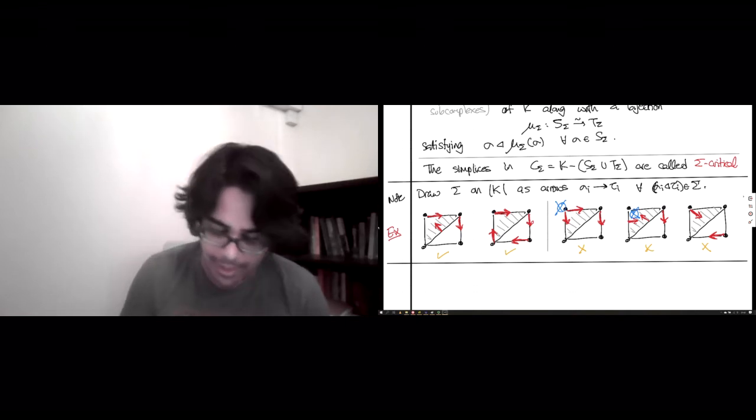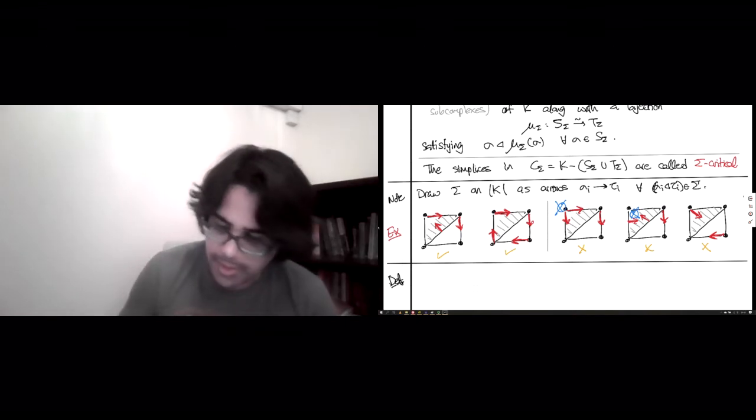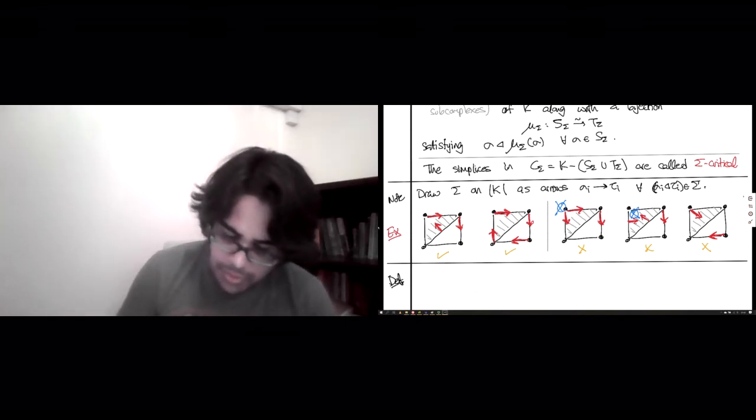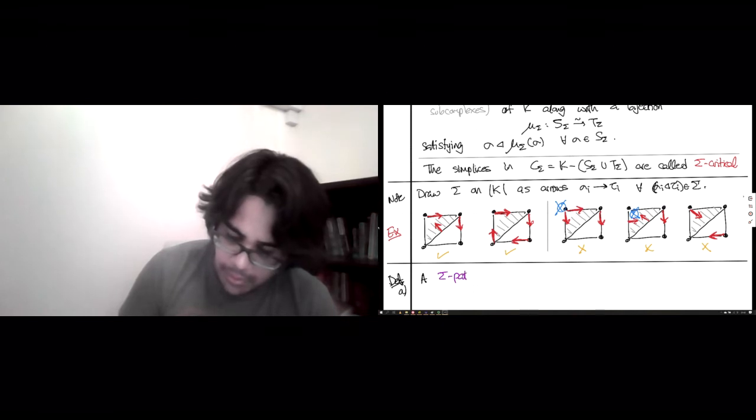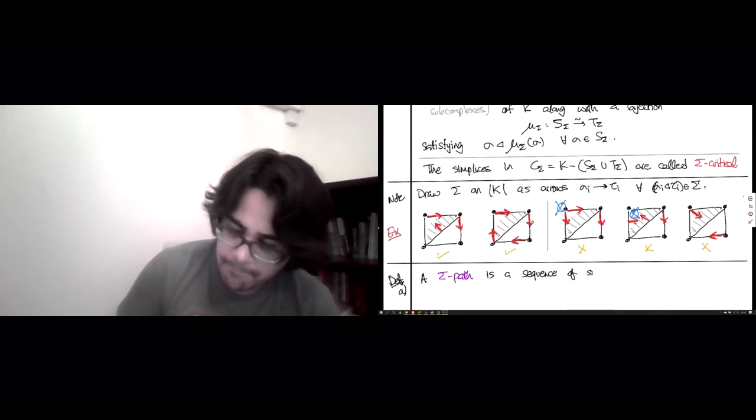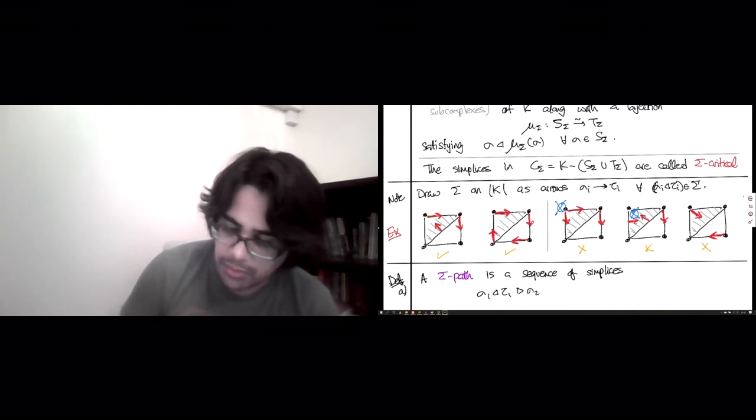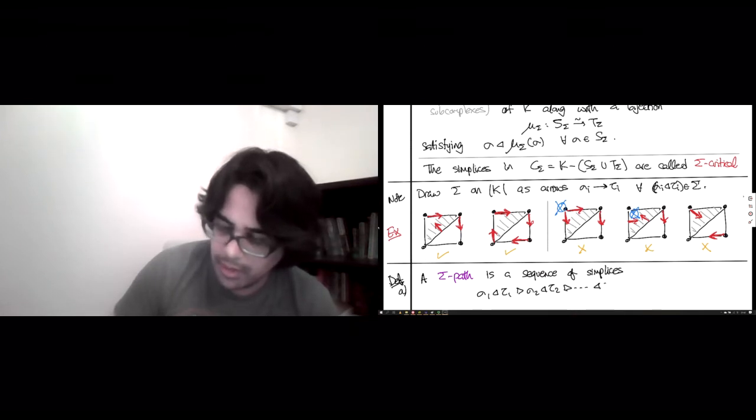So let's define that. Here is the definition. So 3 parts to it, I think. So a sigma path is a sequence of simplices. Let's write them as sigma 1 less than tau 1 bigger than sigma 2 less than tau 2, and this keeps going finitely many times. So this has to be a distinct sequence.